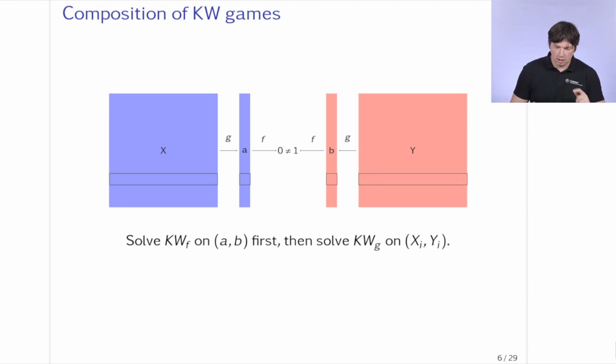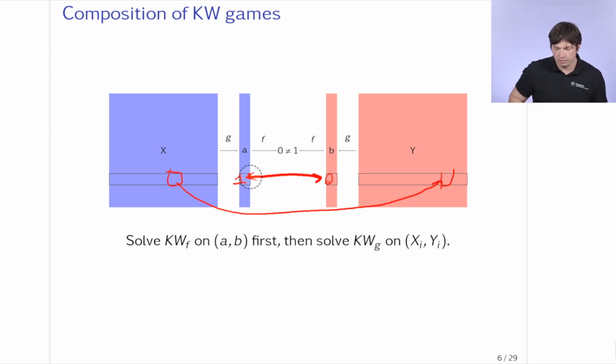We can first solve the KRW game on the vectors, so we can find a bit. So for example, here can be 1 and here can be 0, or the other way around. And then we know that the value of the function g applied to the rows of the matrix would be different. So we can solve the KRW game on the rows and find a bit of difference there.